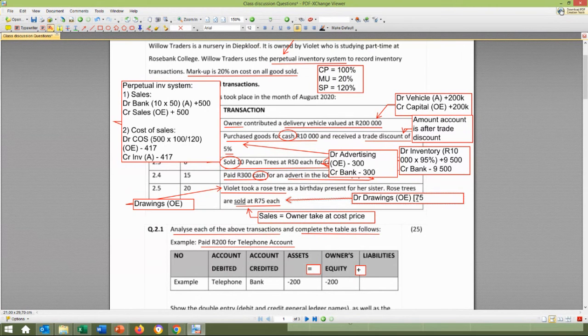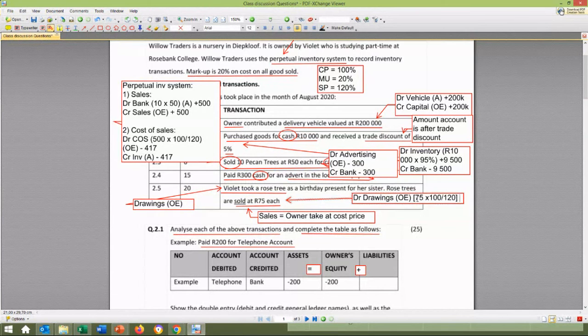So I know it's 75 Rand. I want to know what the original cost is, over 120. So let's quickly work it out. 75 times 100 divided by 120 is 62.5.